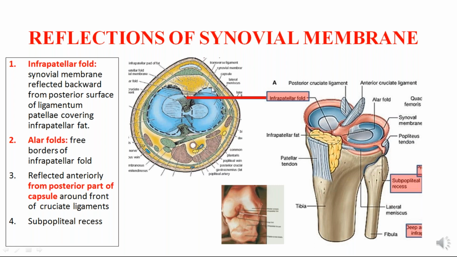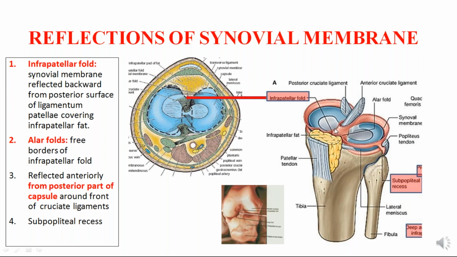So this synovial membrane, which gets reflected in a backward direction from the posterior surface of the ligamentum patella, covering the infrapatellar pad of fat, this fold is called the infrapatellar fold. In the second picture also we can see the infrapatellar fold. Now the margins of this fold are called the alar folds. So these are the free borders of the infrapatellar fold, known as alar folds.